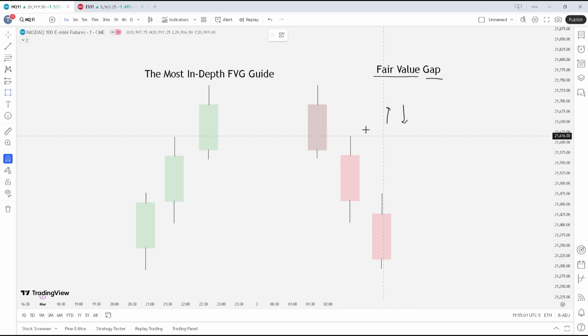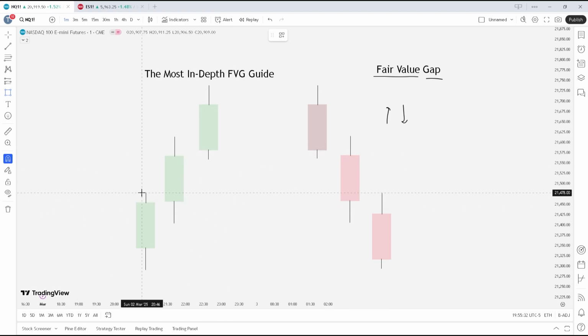So in order to identify this fair value gap, you look at 3 consecutive candles. And if the wicks of the first and the third candles don't overlap, then you have a fair value gap. So in this case, we have 3 bullish candles, and this top wick of the first candle doesn't overlap with this bottom wick of this last candle.